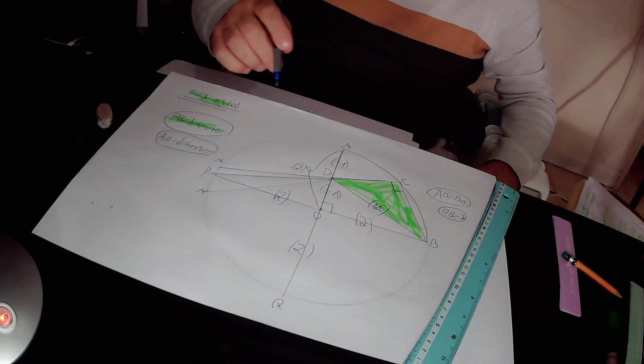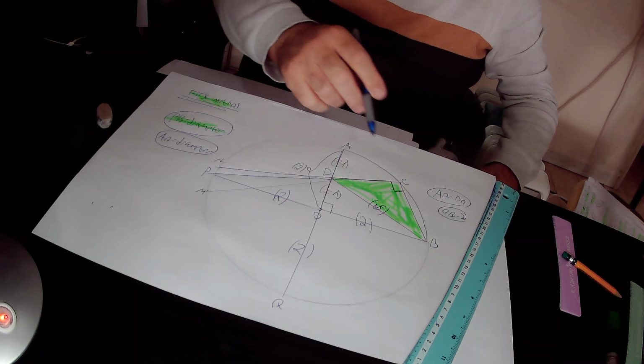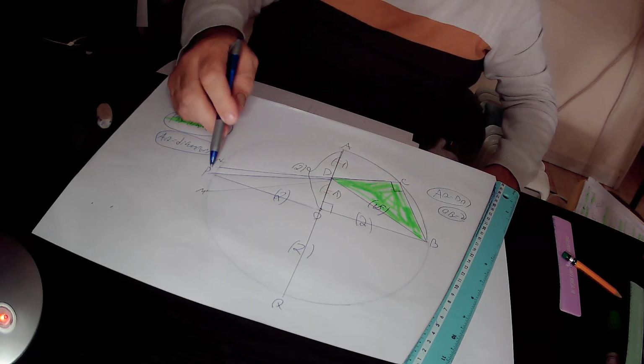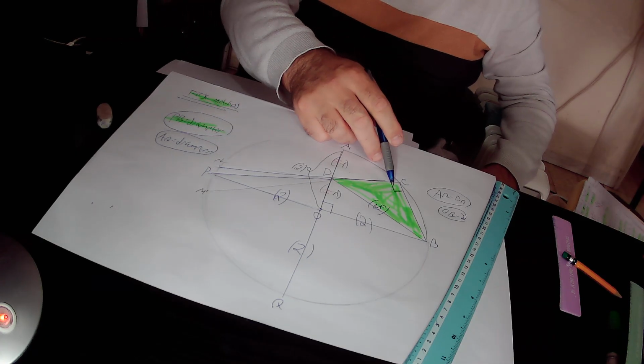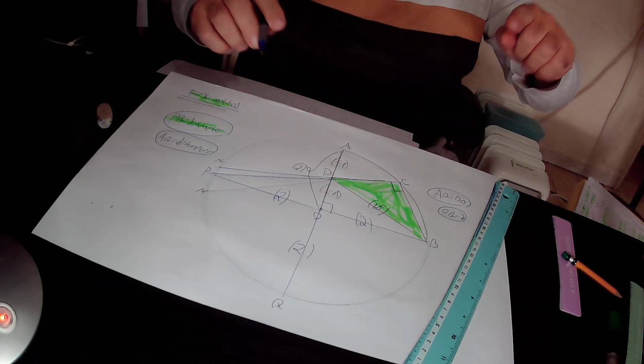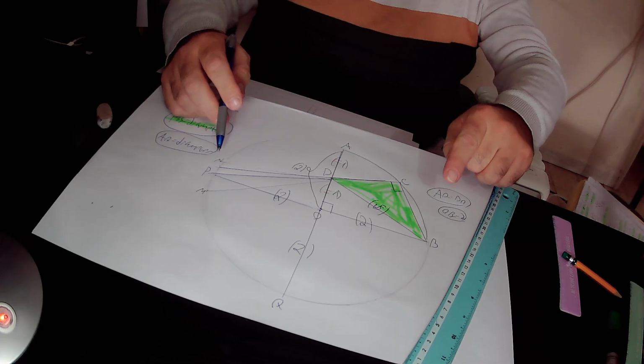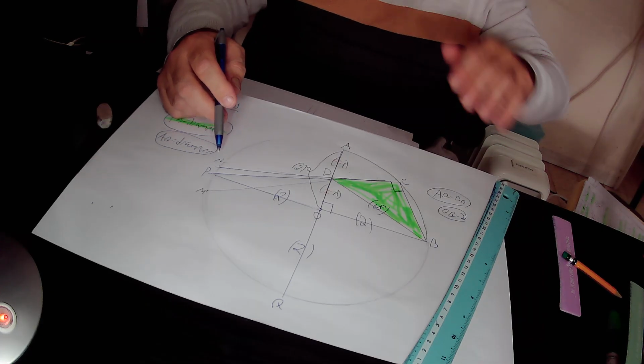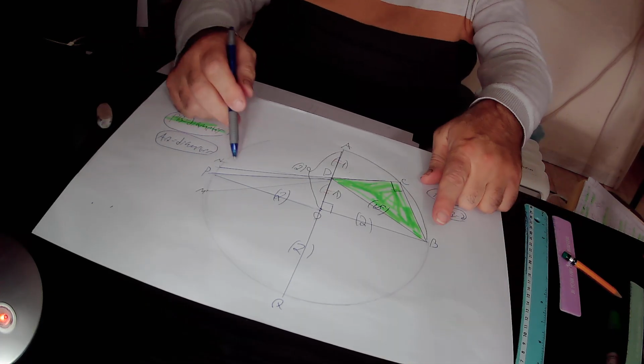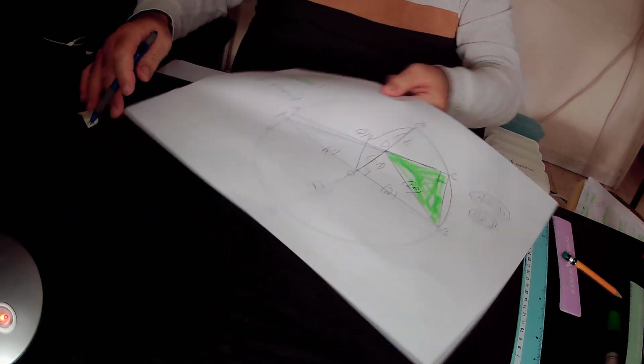So now we don't have a contradiction to rule 5 anymore. Why? Because we have peripheral angle BCP that is equal to 90 degrees, and indeed it subtends chord PB, that is the diameter of the circle. We already found out that chord PB is the diameter of the circle.